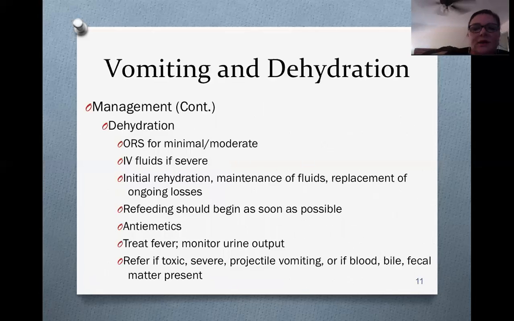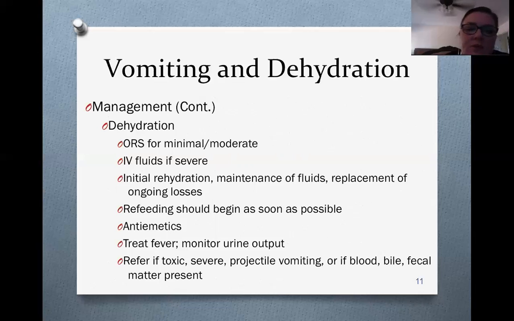So you want to make sure that you can identify the signs and symptoms of dehydration in kids. So again, oral rehydration solution, ORS, that's just like Pedialyte, for mild to moderate dehydration. IV fluids in the emergency room or inpatient, sometimes in the outpatient setting, if dehydration is severe.